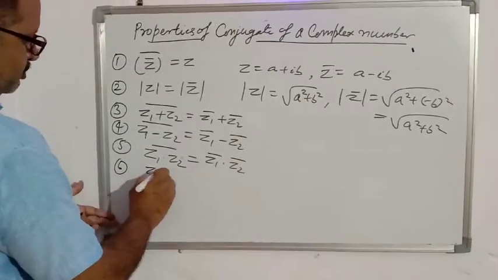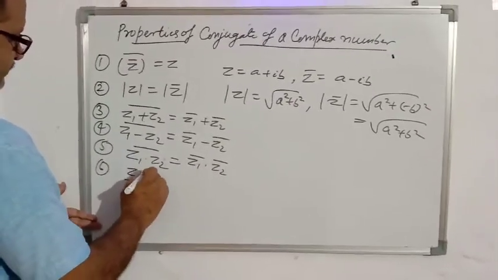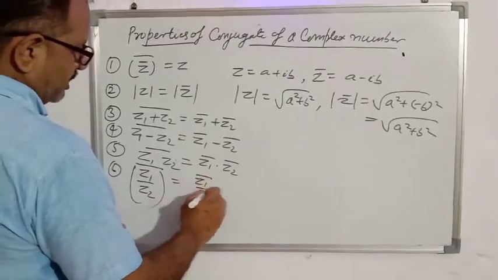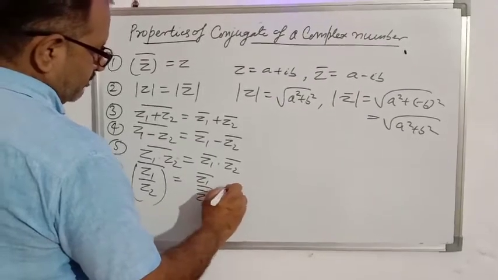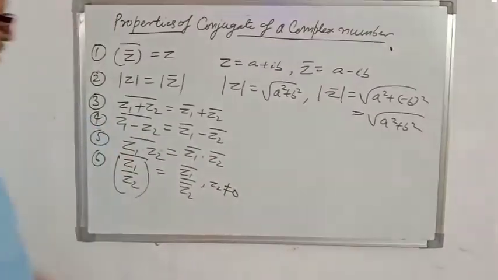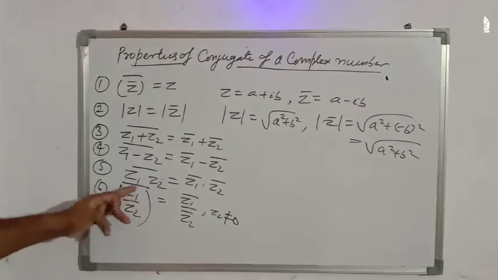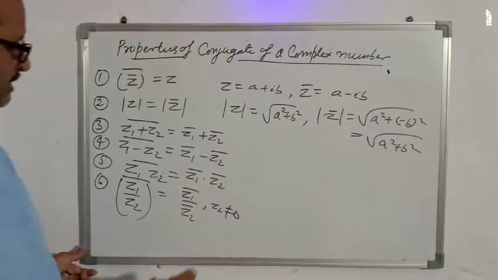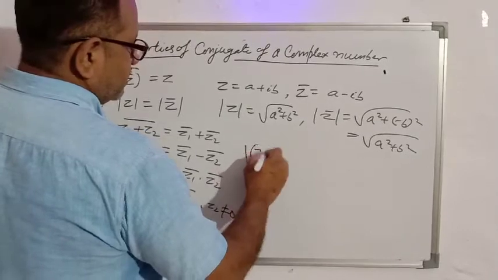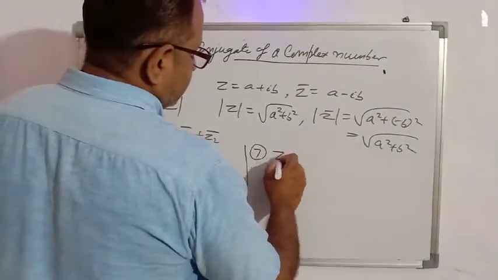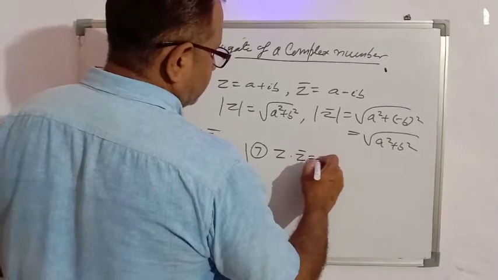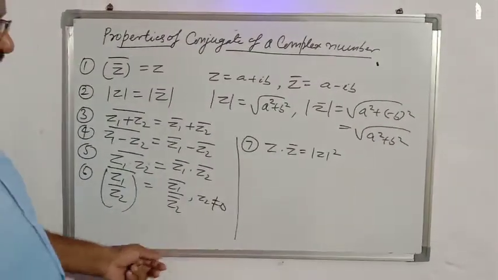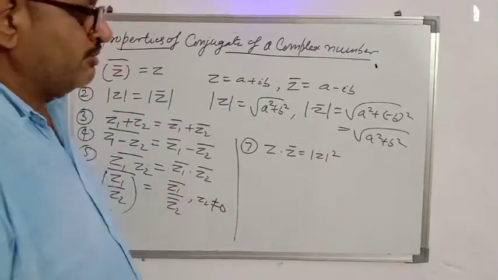Similarly, quotient, bar of z1 by z2, we can write z1 bar upon z2 bar, but z2 not equal to 0. And next one, seventh, z into z bar is equal to mod of z square.